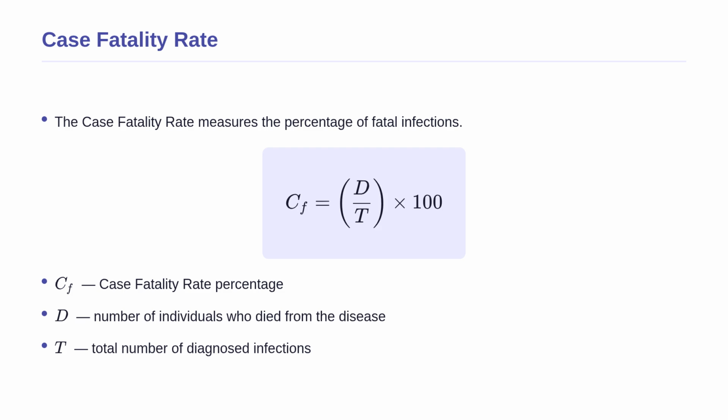The variable T represents everyone who contracted the disease. We divide the deaths by the total cases and then multiply by 100 to convert the ratio into a standard percentage. Physically, if the number of deaths increases while total cases remain the same, the CFR percentage rises, indicating a much more severe and deadly strain of the pathogen.